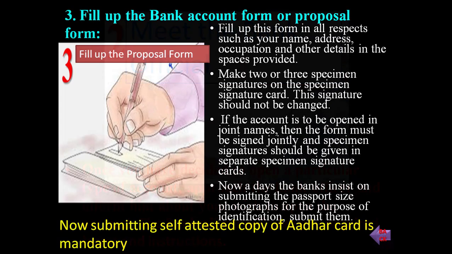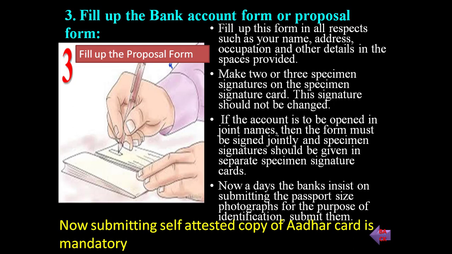So let's come to the third procedure. Fill up the bank account form or proposal form. In the third procedure, fill up this form in all respects such as your name, address, occupation and other details in the spaces provided.